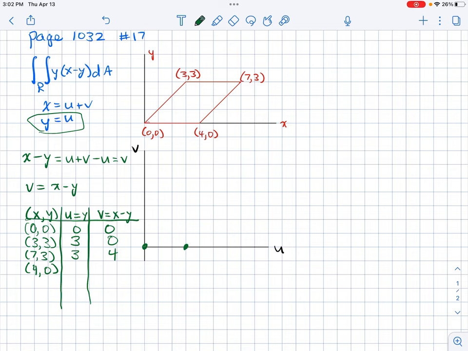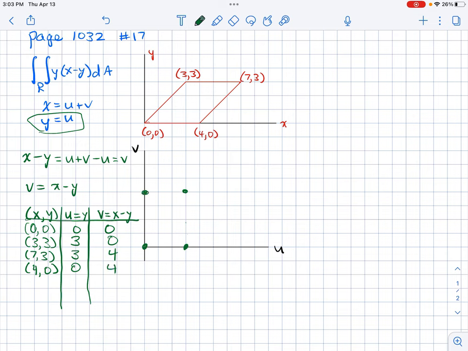So we've got this 3, and 4. Got a point up here. Now let's try 4, 0. So the u is 0, and the v is 4.